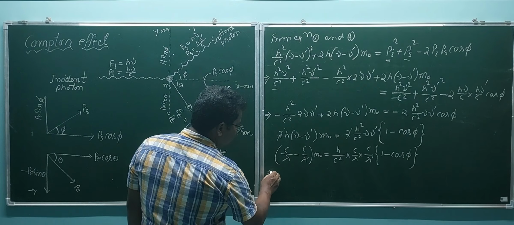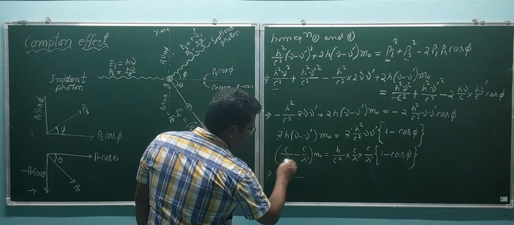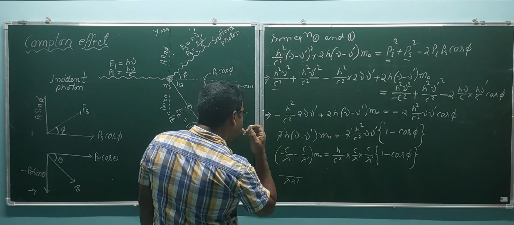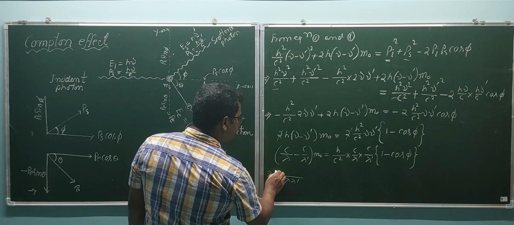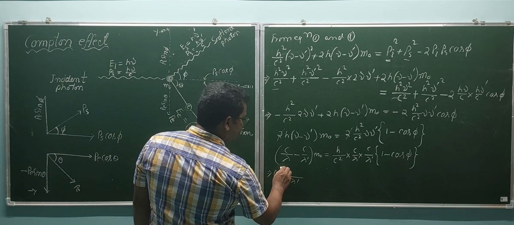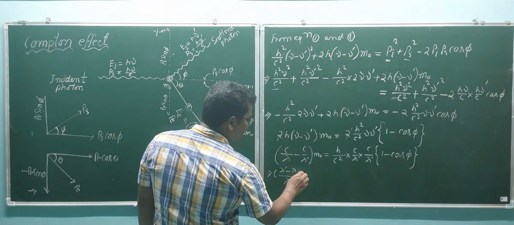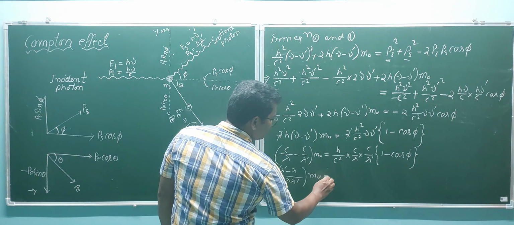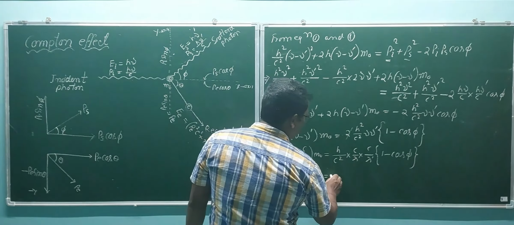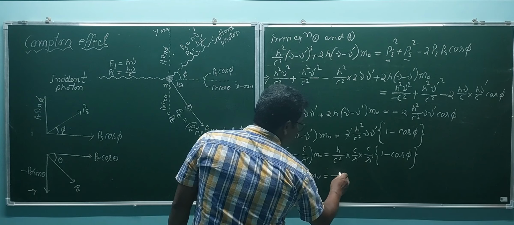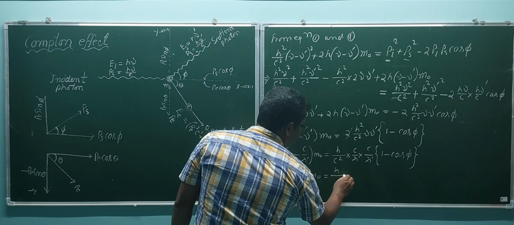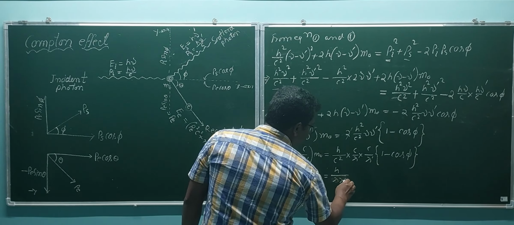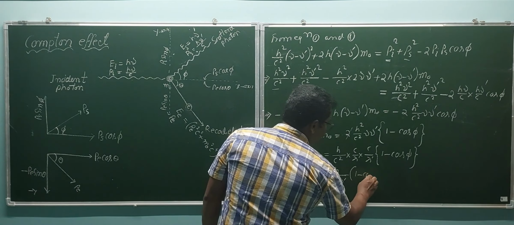Now if we take the LCM here, lambda lambda prime, c, it is lambda prime minus lambda times m naught equal to, we can write, c cancels out, h by lambda lambda prime times 1 minus cos phi.